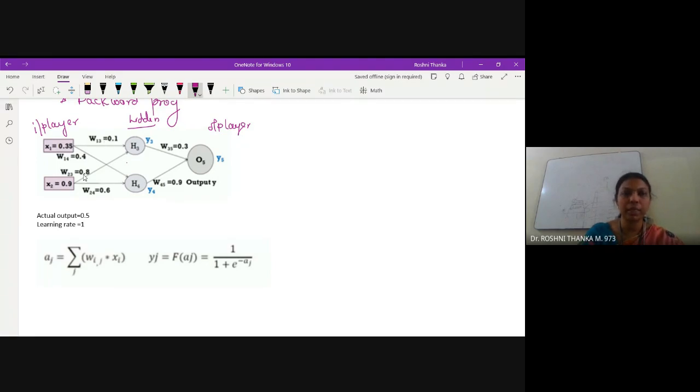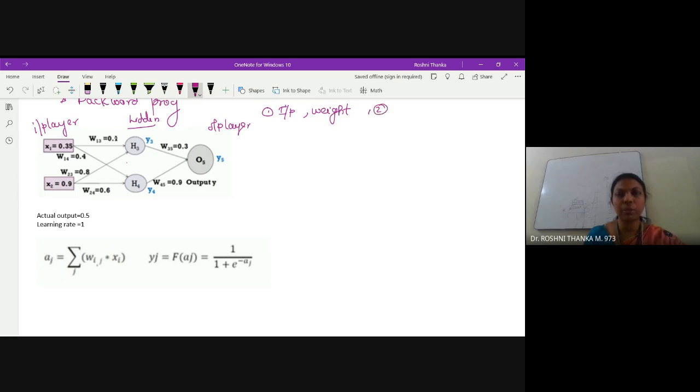Initially we have taken some random value as the weight for each input. So the first step is we should know what your input is and what the weight is. We should know about the input, as well as the initial weight associated with the input attribute value.